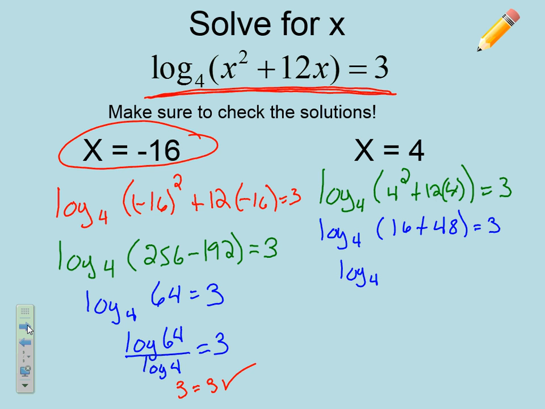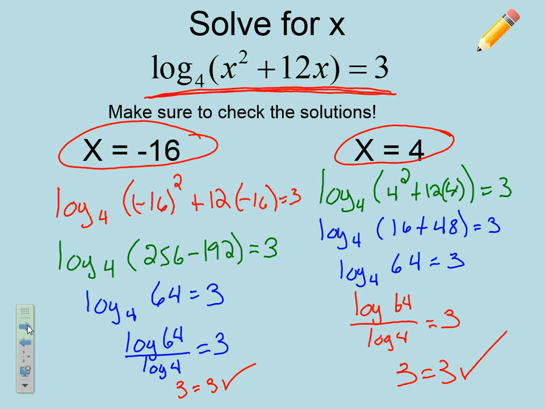Log base 4 of 64 equals 3. Do my change of base. So I get log 64 over log 4 equals 3. I type that in my calculator, and 3 does indeed equal 3. So both of these in this case are solutions, but we have to check because sometimes we can have extraneous solutions because they don't work.